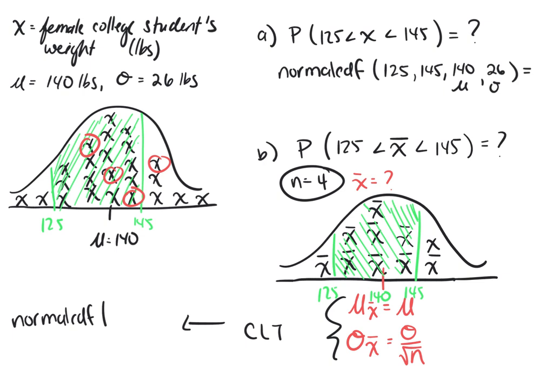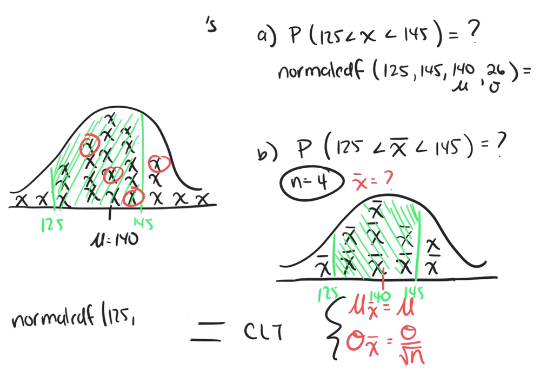So I can use the same bounds. On the left here again, let's put in our lower bound of 125 and our upper bound of 145. And then here, I would have to put in the mean of the sampling distribution. But again, the central limit theorem says that that's the same as the population mean. So I can also type in 140.